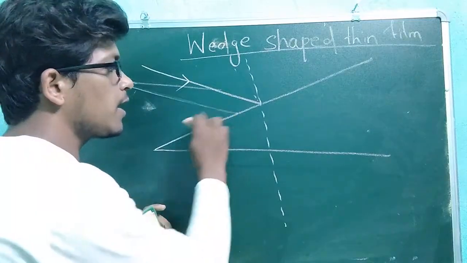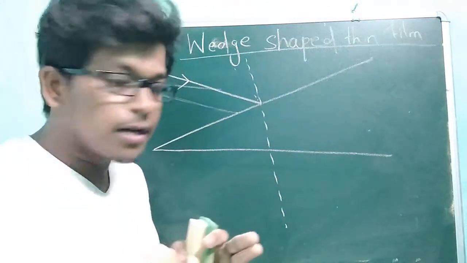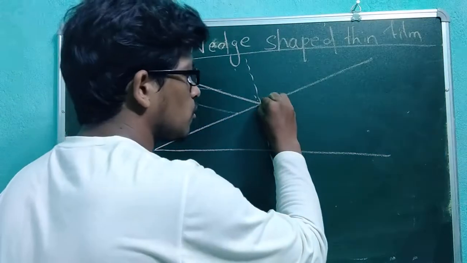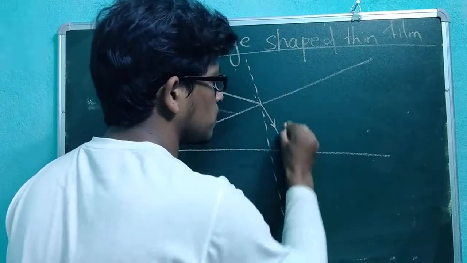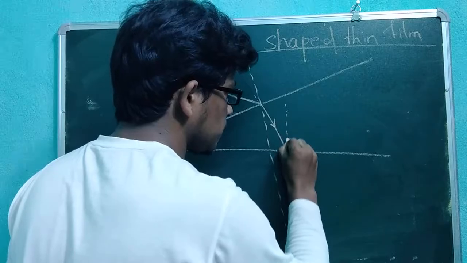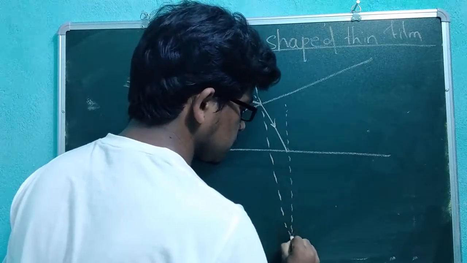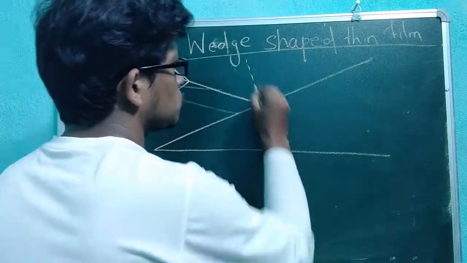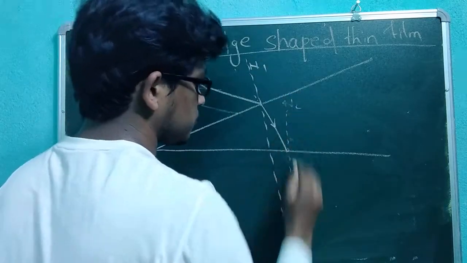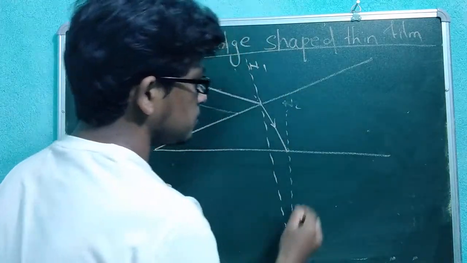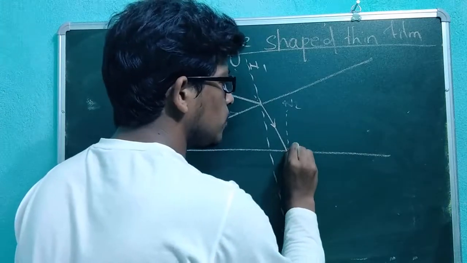According to the theorem, when light comes from the rarer medium to the denser medium, the light bends towards the normal. That same thing will happen here. Light bends towards the normal. Suppose this is normal N1, this is normal N2. Once again this light will reflect.